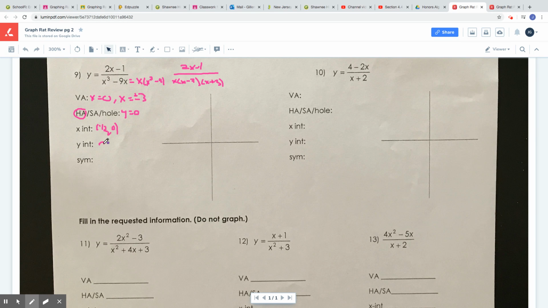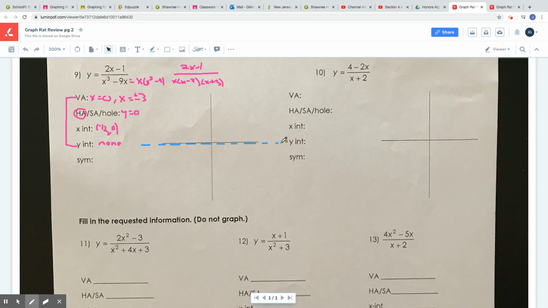So there is no y-intercept, which also makes sense because there's a vertical asymptote at x equals 0, which means you can't have a y-intercept.